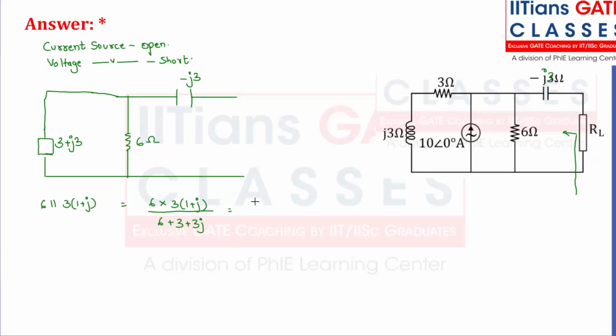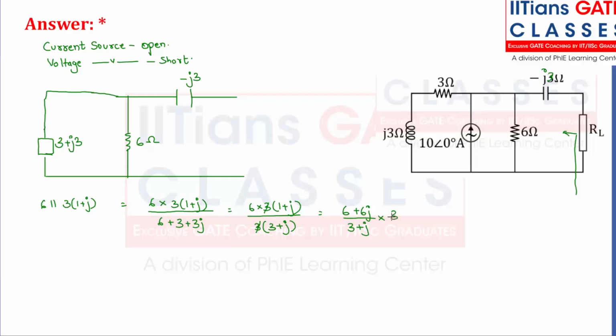So this is 6 into 3 into (1 plus J). If I take 3 common from here, this will be 3 common, 3 plus J. So this will be 9 plus 3J. So this comes out as (6 plus 6J) divided by (3 plus J).